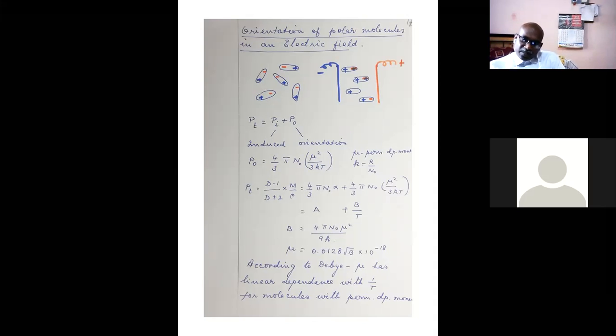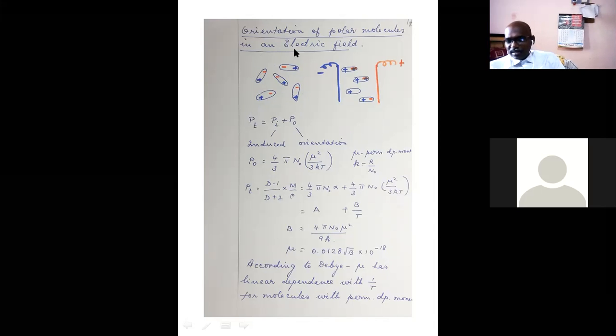Look here, this is a diagram representing molecules with permanent dipole moment. The charges are already separated, but they are in a random orientation.